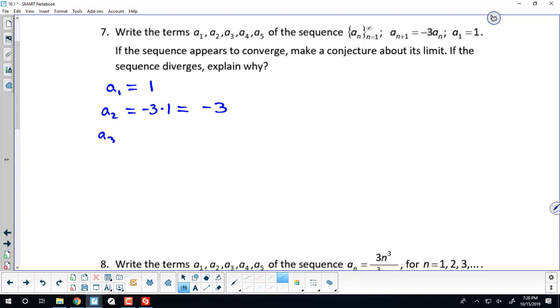A sub 3 is -3 times the previous term, so -3 times -3.